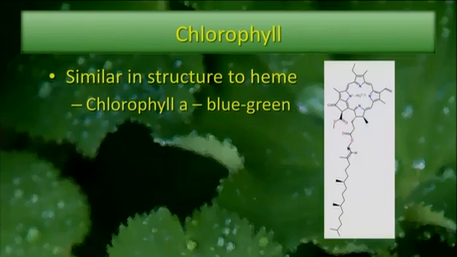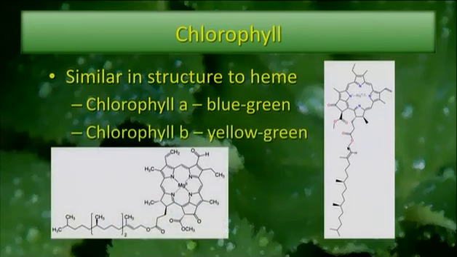Chlorophyll A tends to be blue-green, and chlorophyll B tends to be yellow-green. They both have magnesium in the center, but they're a little different in shape. The chloroplasts of most plants have both chlorophyll A and chlorophyll B, with about 3 times more chlorophyll A than chlorophyll B.